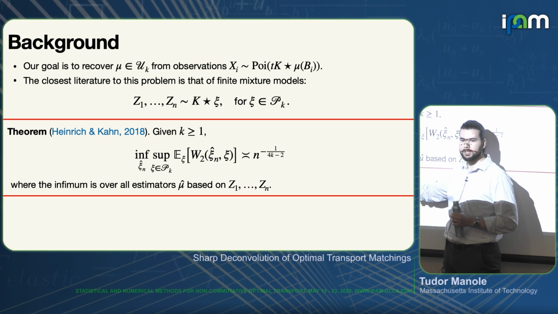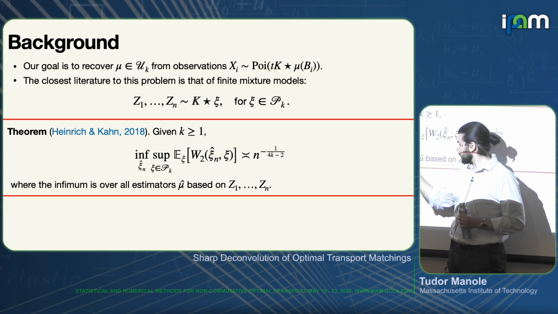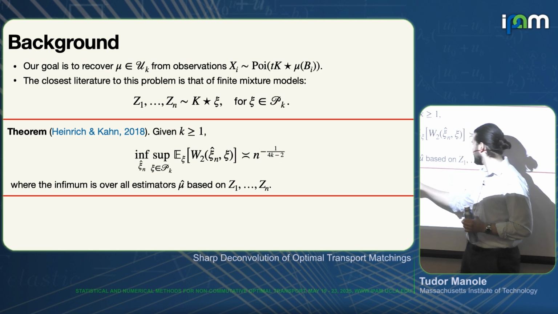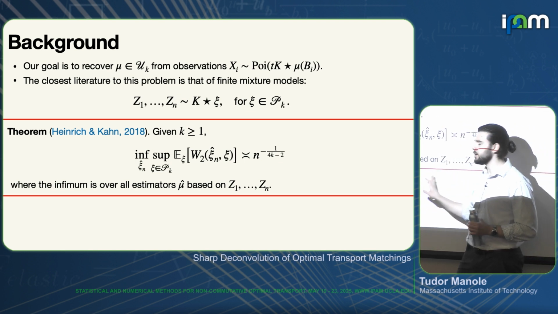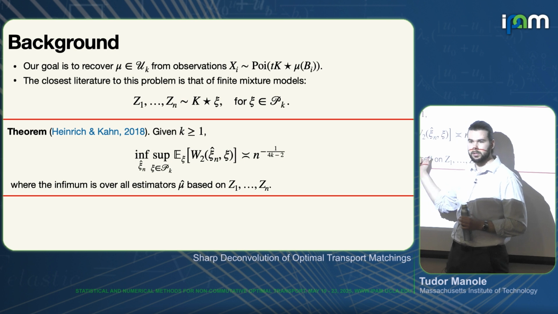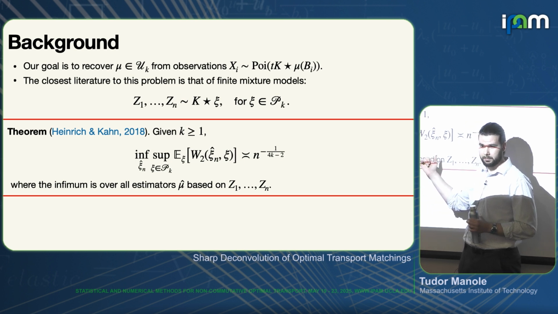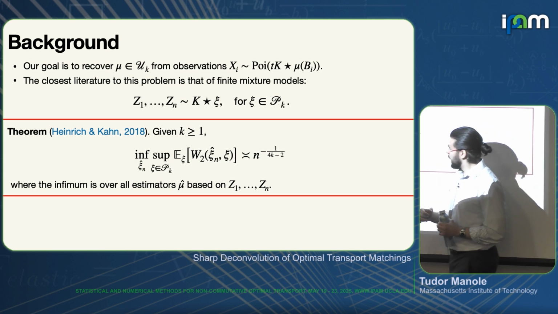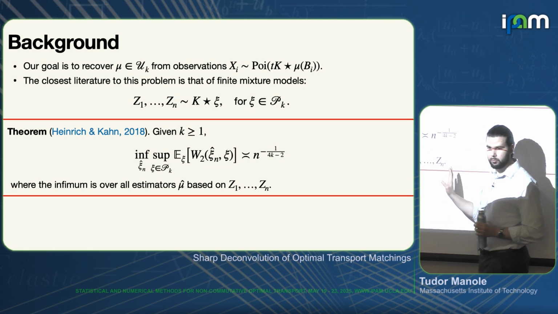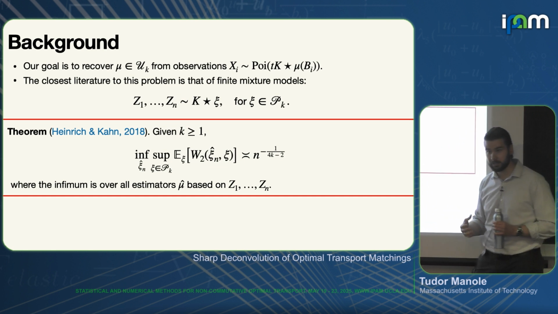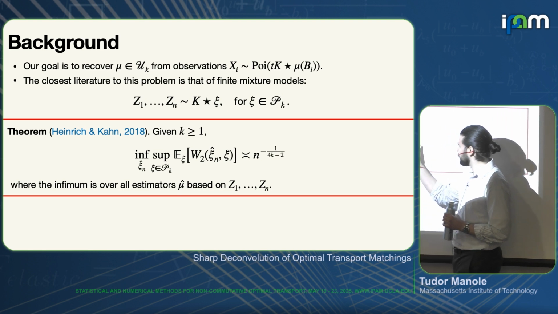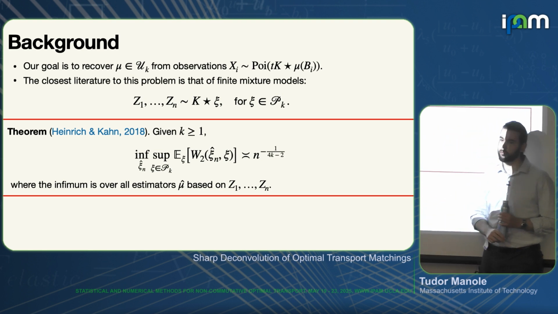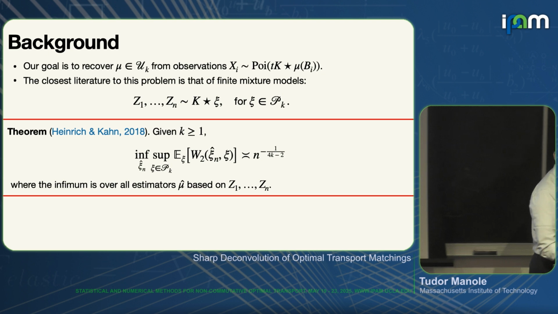And now I want to ask what is the best estimator, the best estimator xi hat n, which is based on these IID samples z1 through zn. What is the best estimator which can control this worst case risk over the parameter space? And then what is the rate of convergence of this optimal estimator? And the rate of convergence that they found was n to the minus 1 over 4k minus 2. So let me try to interpret what that rate is saying.